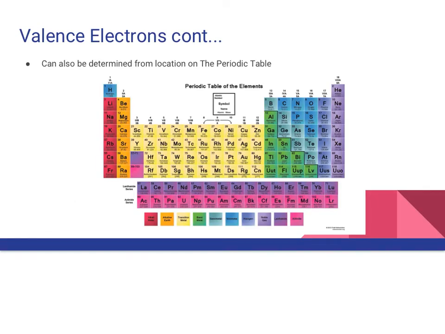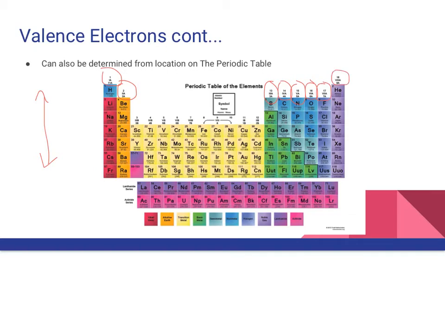We can determine the number of valence electrons by looking at the location of the element on the periodic table. So if we look at our periodic table, the first thing we want to recognize is that our periodic table has different groups. Groups are those elements that are found in the same column, and the group numbers are labeled at the top. So here we have group 1A, group 2A, group 3, 4, 5, 6, 7, and group 8A.